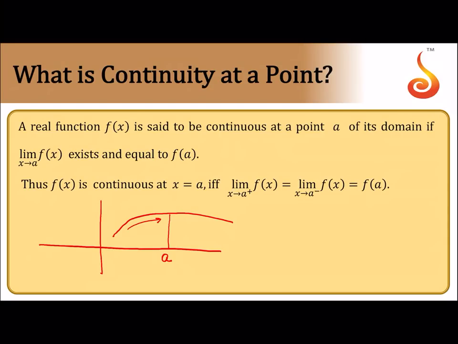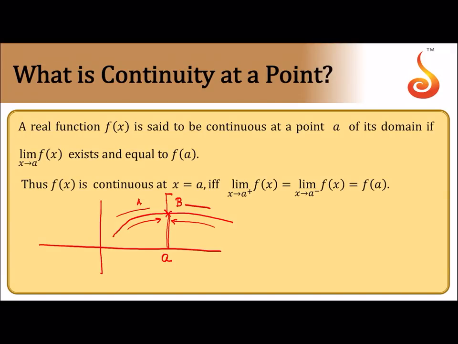I'll take a graph like this and some point a. You are approaching a from the left. You are approaching a from the right. If both approaching values are the same as f of a, obviously it is continuous.